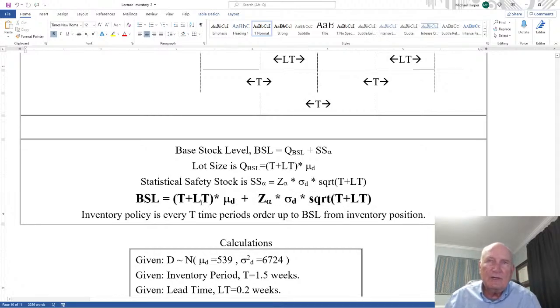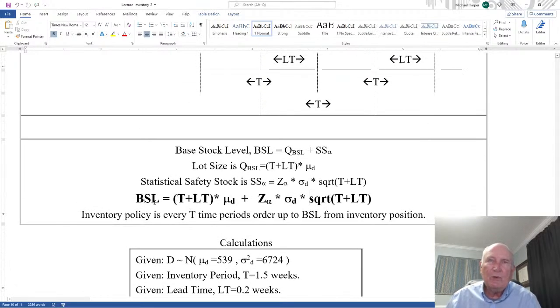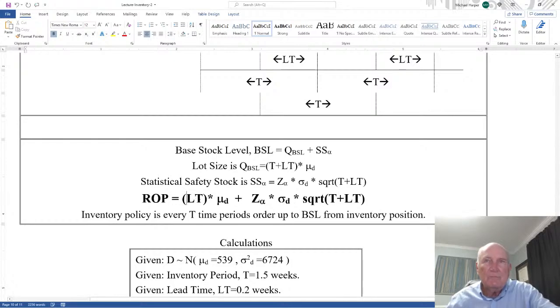And so remember, to compare this, when we calculated the ROP, let me say ROP was the lead time times the mean demand, plus z times sigma times the square root of the lead time.